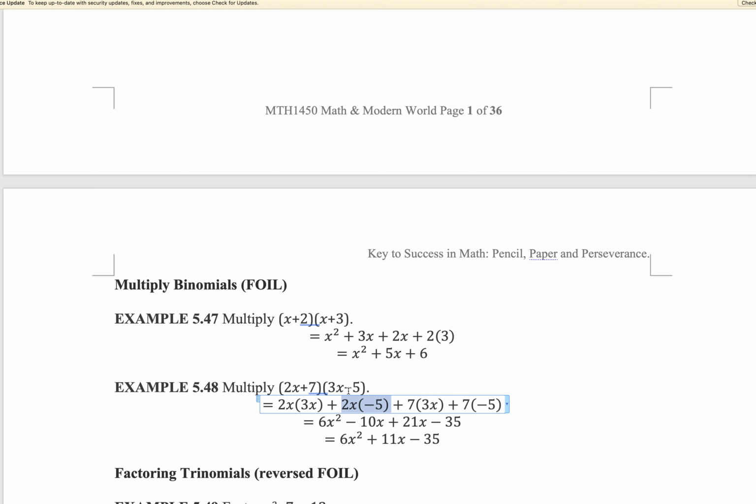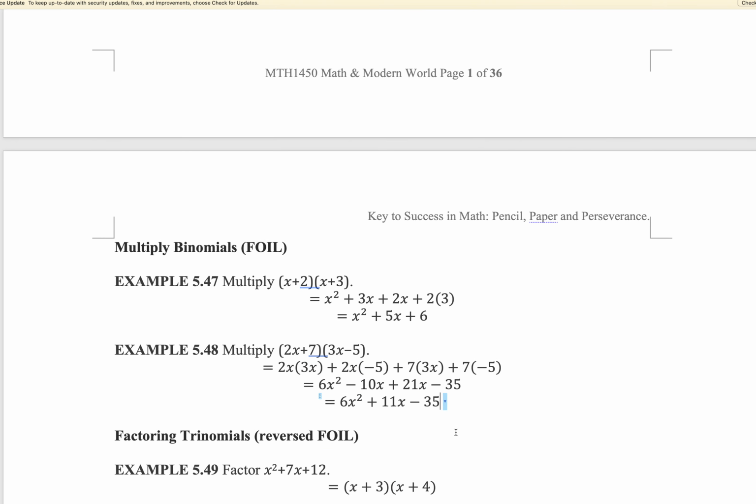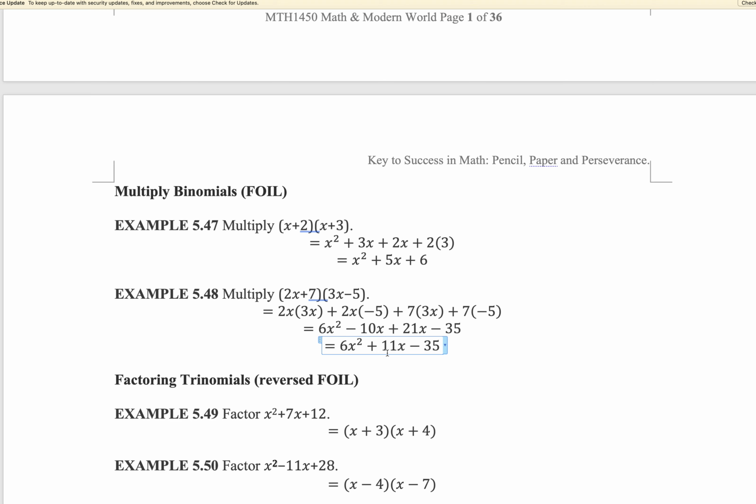I really consider this as 3x plus -5. So term-wise, instead of saying subtraction, I want to say it is added by a term with the number -5. So outer term, and then inner term, last term. And hopefully this is a very simple thing. And this is how we get the result.